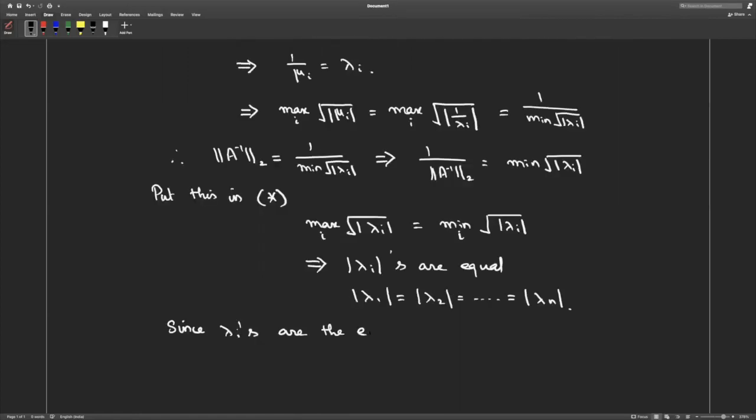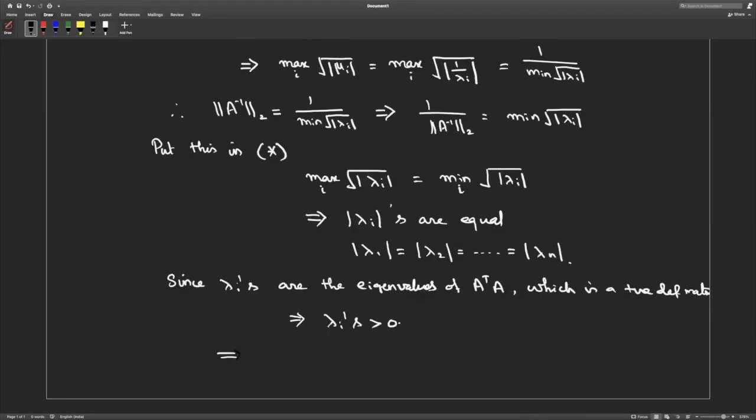Remember that lambda i's are the eigenvalues of the matrix A transpose A, which is a positive semi-definite matrix. Also note that we always assume A to be invertible, right? That implies that all lambda i's are positive.